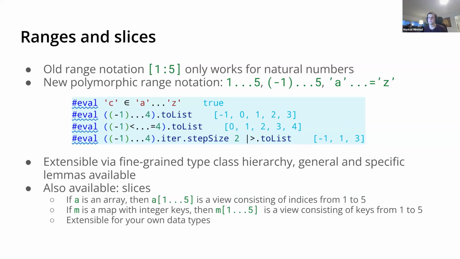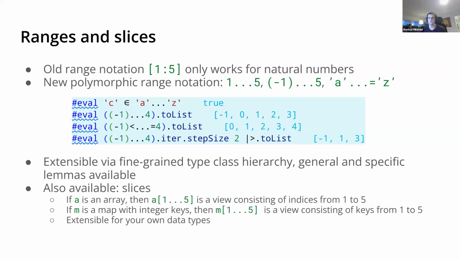We also have slices, which are somehow a combination of just a container and a range. And this allows you to efficiently build views on data structures restricted in some way. So for example, if you have an array A, then you can take the slice from 1 to 5, and then you get a view that consists of only the indices from 1 to 5.